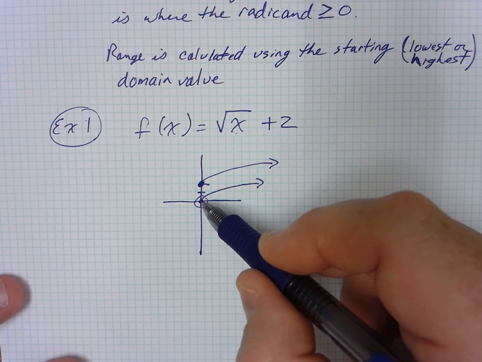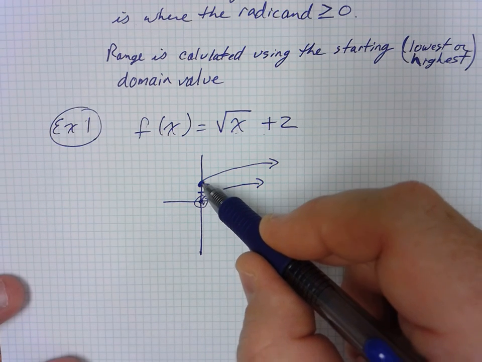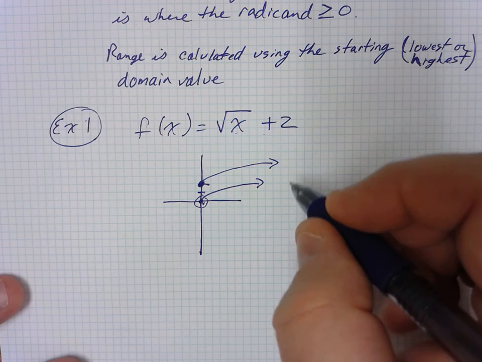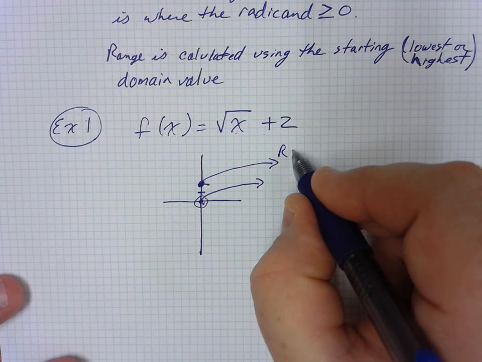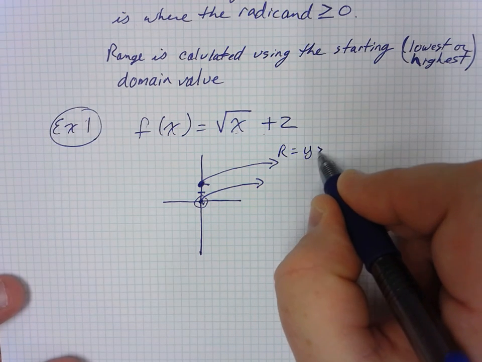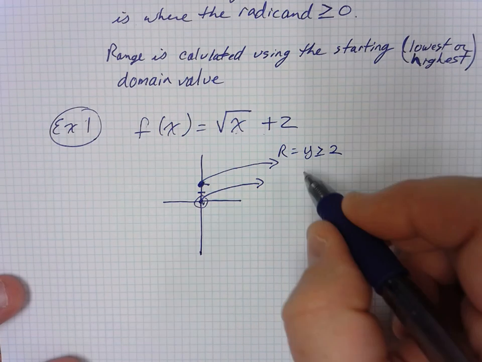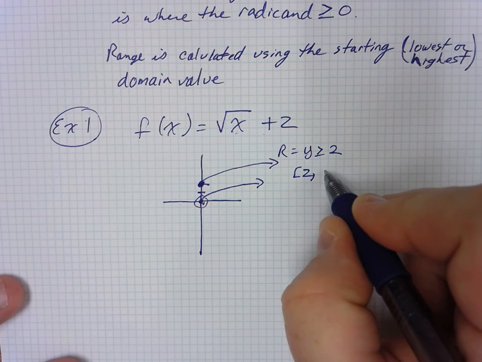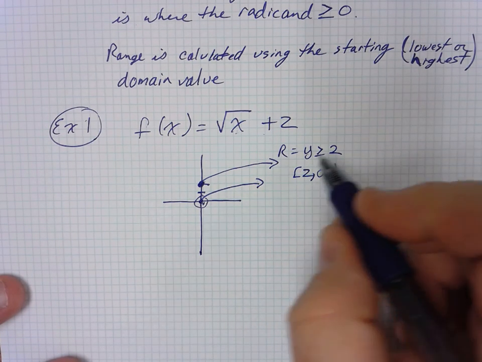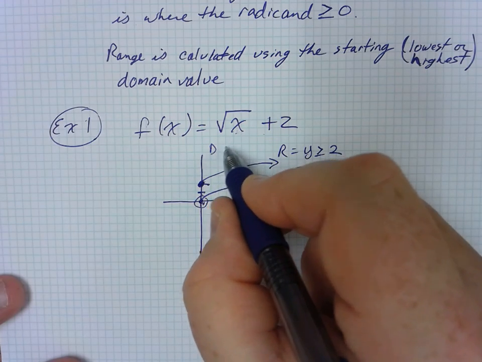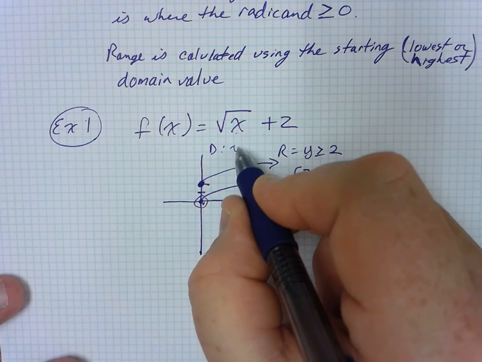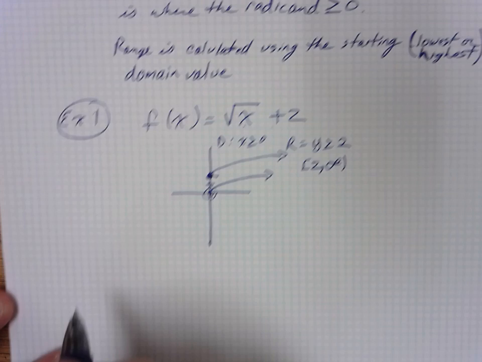So instead of y values starting down here at 0, our y's actually started up here at positive 2. So the range on this would be all y's greater than or equal to positive 2, or from 2 through positive infinity. And our domain is still what it was before. Domain would be all x is greater than or equal to 0, or 0 through infinity.